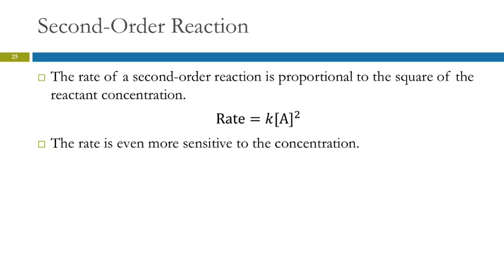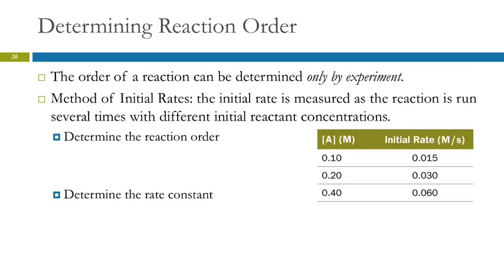So figuring this out, one method is called the method of initial rates. We just look at the initial rate of the reaction, which is relatively easy to measure, and we do that several different times, changing the concentrations of the reactants. Here again, we're looking at that simple reaction where A decomposes to form some products.